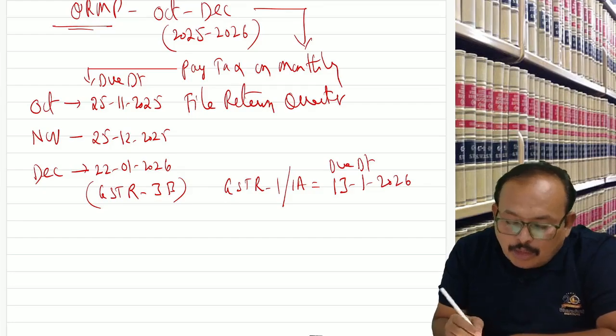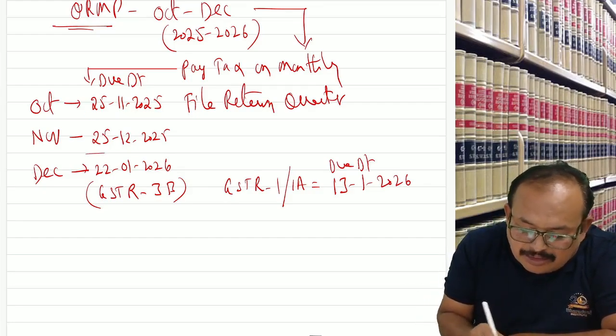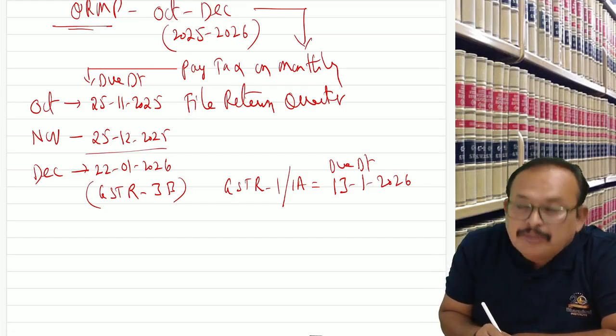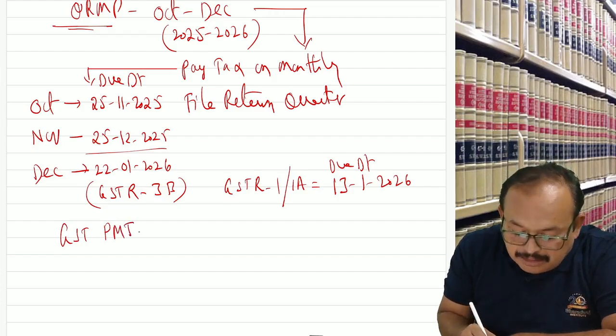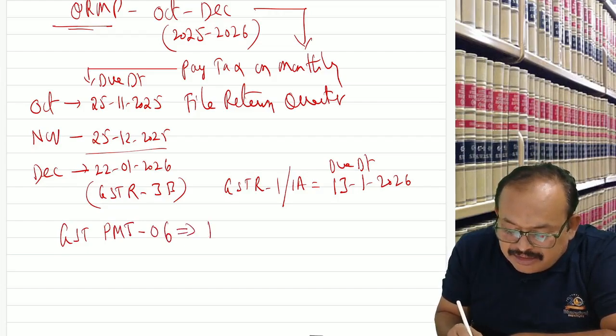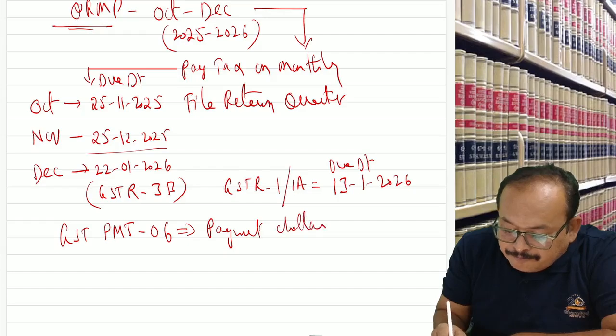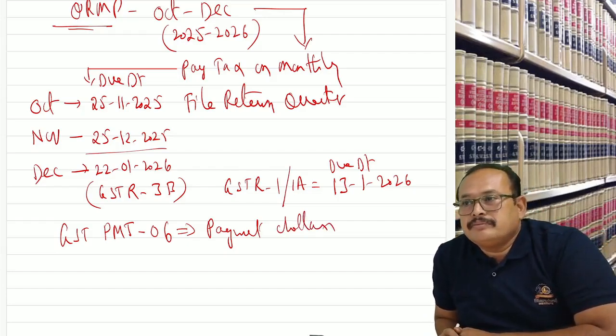How to make the payment, sir? Here, how can I make the payment? We have the GST PMT-06, which is known as the payment challan.